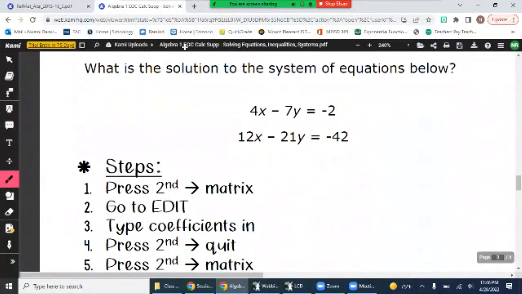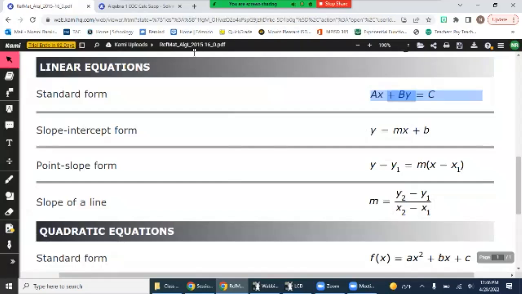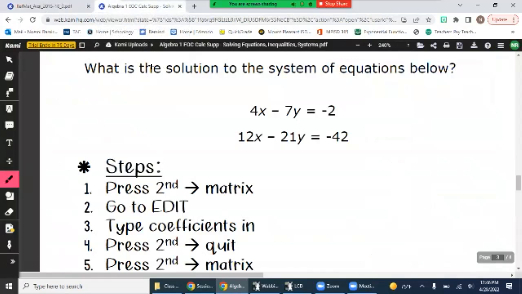Systems. We kind of briefly went over systems yesterday, Jason, at the very, very end of class. We didn't actually get to go into it, but whenever you have 2 equations in standard form, and I haven't seen it in the past 5 years, I've been teaching 6, so it's been that long since they've given us one that's this easy, this is how you would solve it.